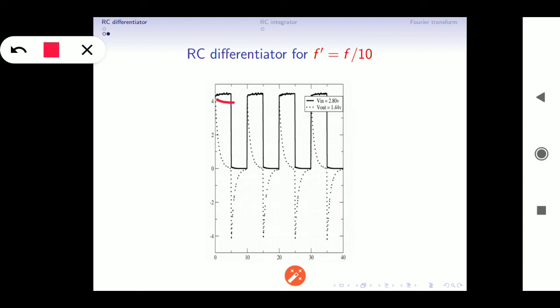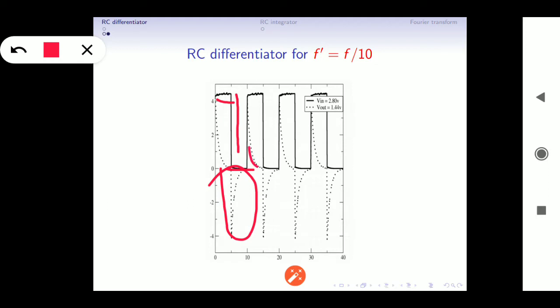Then the input suddenly decreases to a 0 value from a maximum value. Because of that, you get a peak on the negative side. Similarly, after reaching here, the input again remains constant.